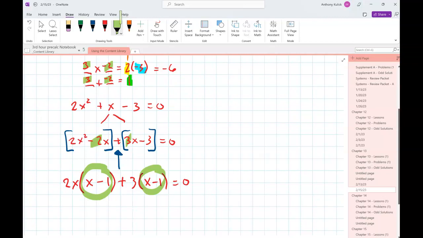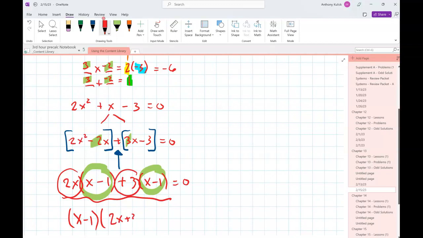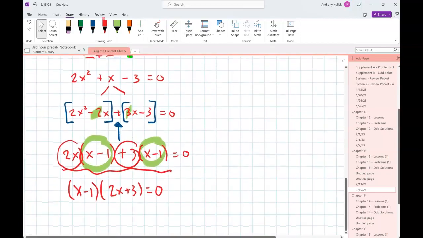Okay? So what I do now is I treat each of those x minus 1s as a greatest common factor for this whole thing. So when I factor the x minus 1, what's left? 2x plus 3. Is this feeling okay?